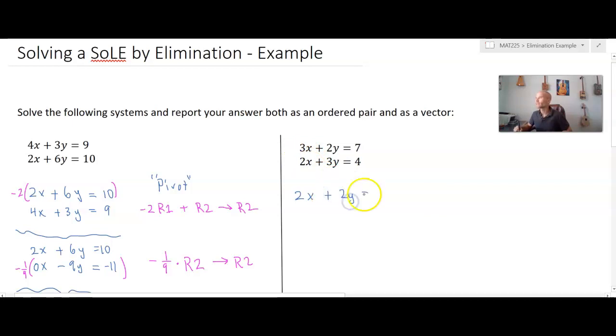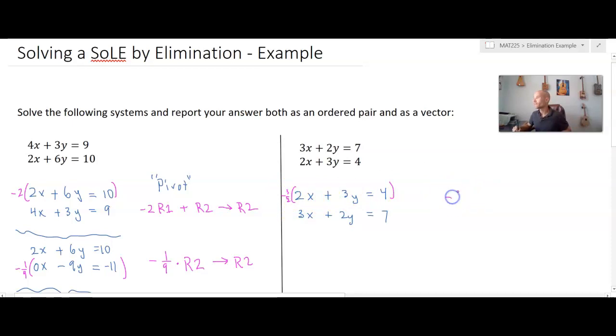So I'm going to go ahead and list the second equation first. Remember, we're not changing the system here at all. All we're doing is creating our problem in such a way that it makes it a little bit easier on us. Okay, so I see that if I take negative 3/2 of the first row, that will cancel out the 2's and leave me with negative 3x, so I want that.